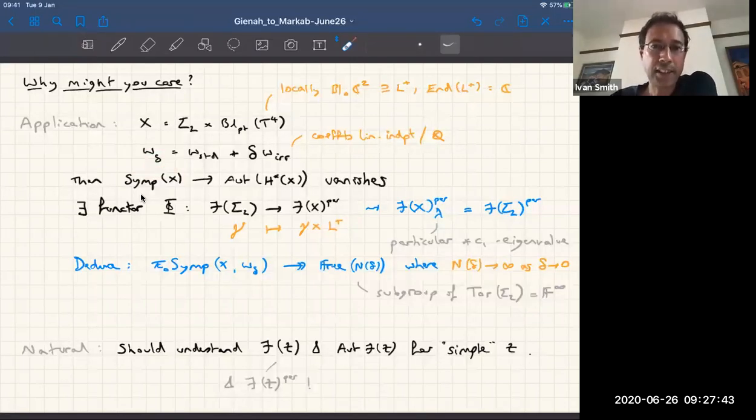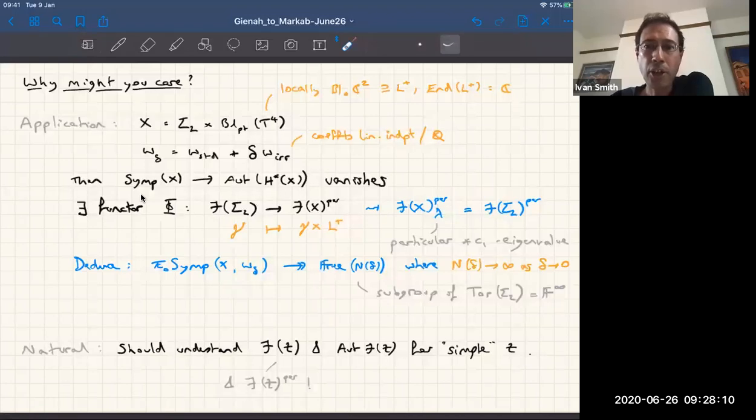On the other hand, by using this idempotent of this Lagrangian torus that I had before, I can build a functor from the Fukaya category of the surface to the derived Fukaya category of this product X, which just multiplies a simple closed curve by this torus and then takes the obvious idempotent in the Künneth decomposition.